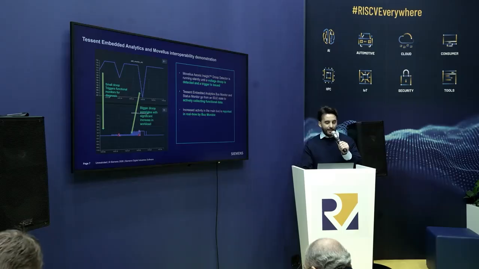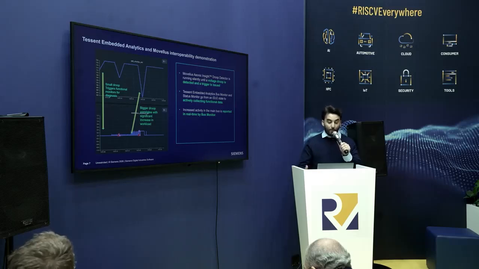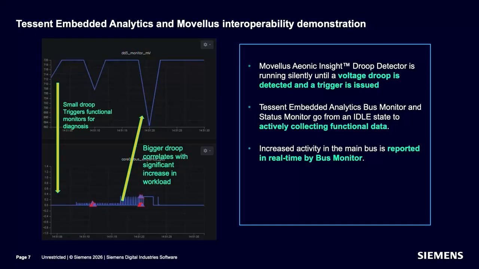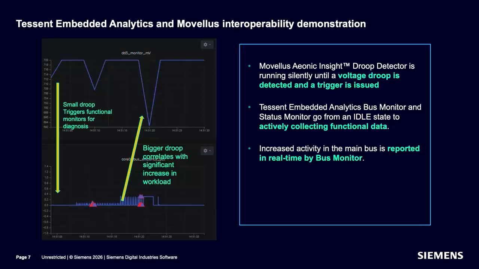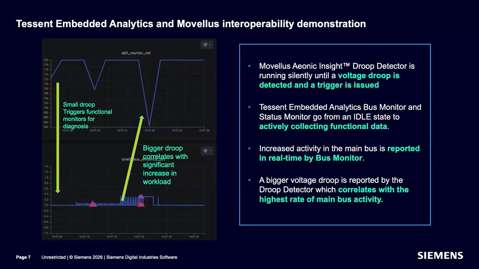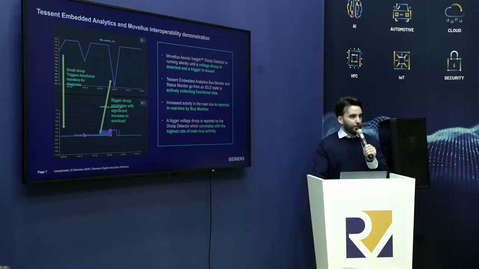And then we can see that an increased activity in the main bus is reported in real time by the bus monitor. We can actually see it going from 15% bus usage to around 35% in this case. And so a bigger voltage droop can then be observed, and this would seem to correlate. And we know that increases in workload can cause voltage droop in such systems.